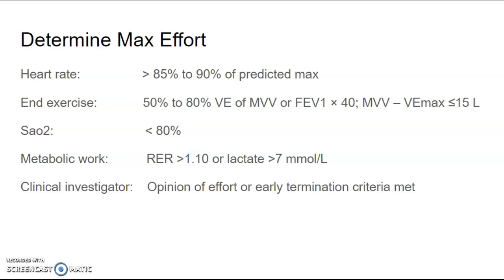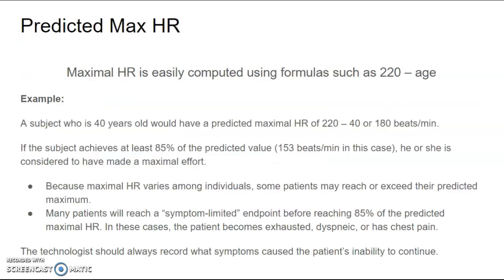As a side note, if you get an RER of less than 1, usually that suggests they did not give good effort or were deconditioned and unable to keep going. And then lastly, the clinical investigator's opinion. Based on what they perceived from the patient, they can also state what type of effort they believe the patient gave. Of course, that's probably the least accurate.